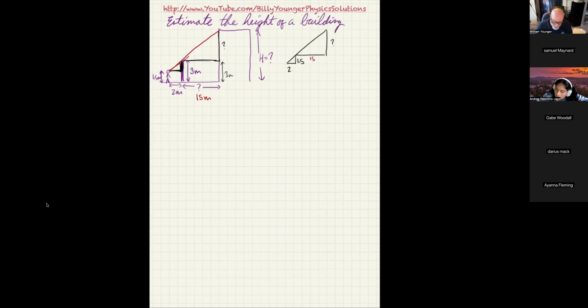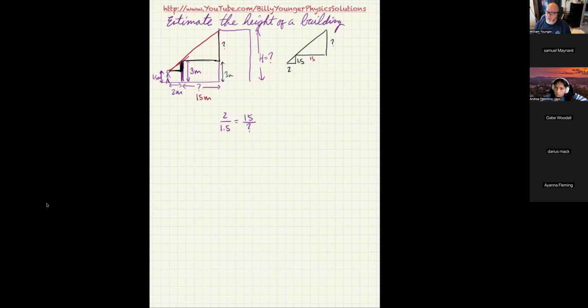Okay, so you want to estimate the height of a building. We're going to do that now. Using similar triangles, what I see is 2 is to 1.5 as 15 is to question mark.